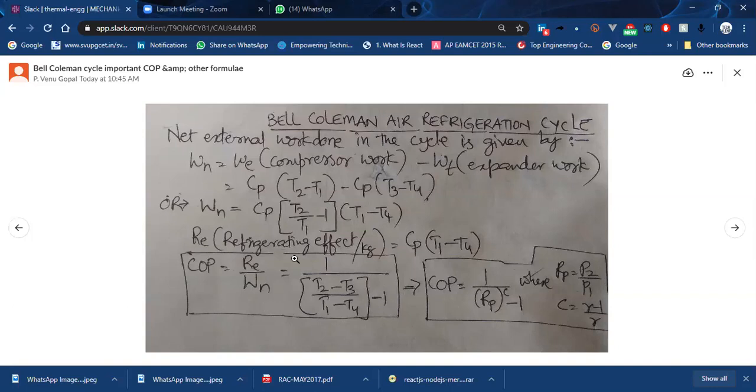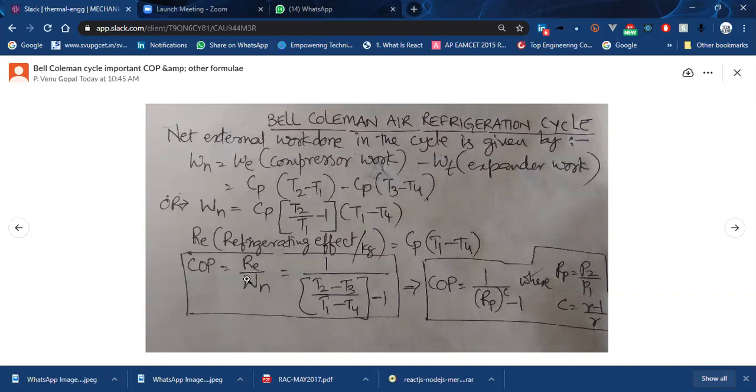So that is why when you come to air cycles, there is a term called efficiency. But in case of refrigeration cycles, it is COP, called coefficient of performance. In refrigeration it will be COP instead of efficiency.